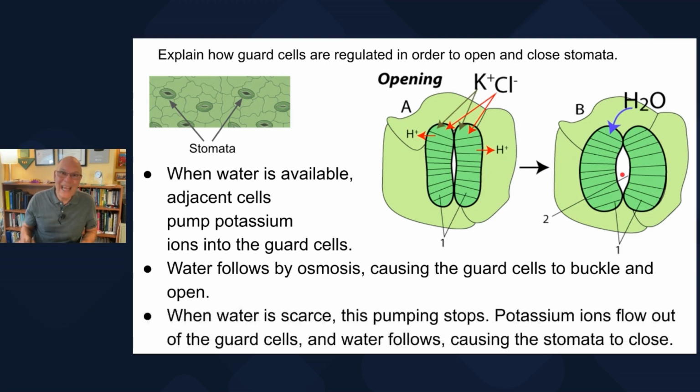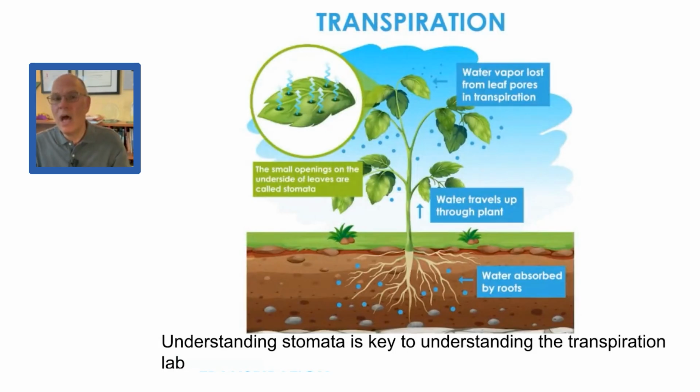When water is scarce, the pumping stops, the potassium ions flow out by diffusion, and water follows, and that causes the stomata to close. Understanding stomata is the key to understanding the transpiration lab, which I hope you do. It's widely done in the AP Bio curriculum, but it's a way to measure water loss from plants.